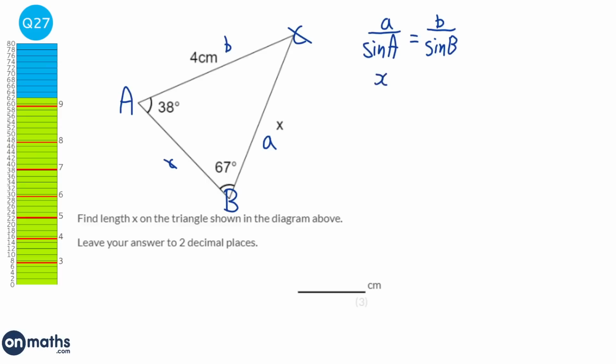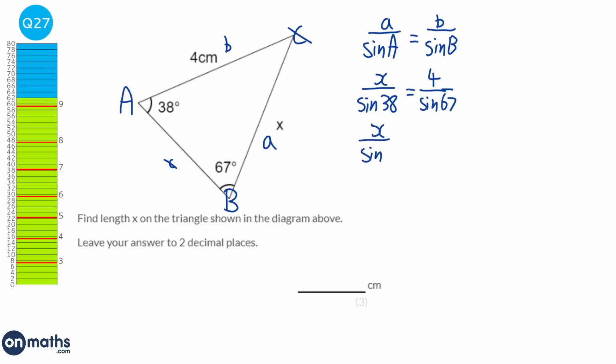Lowercase a is x, capital A is 38, lowercase b is 4, and uppercase B is 67. Now you'll only ever sine an angle, so if you ever put a 4 in there, that's not going to be right straight away.